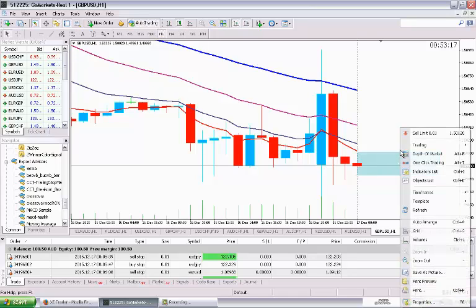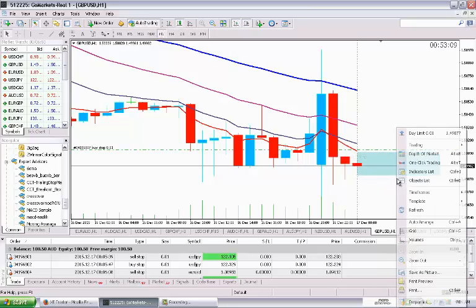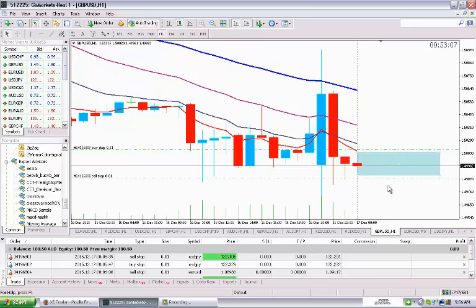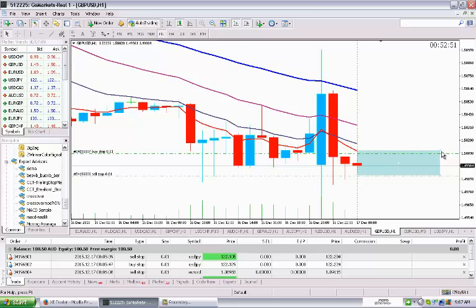So now we're going to put a buy stop, and we'll go below with a sell stop. We're just going to do this for every currency on my sheet.